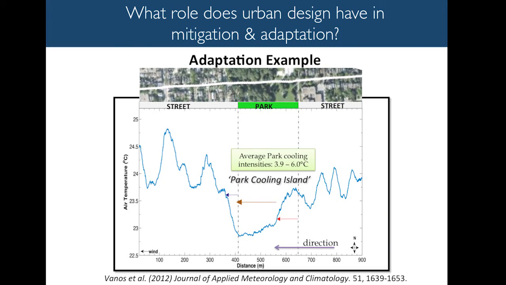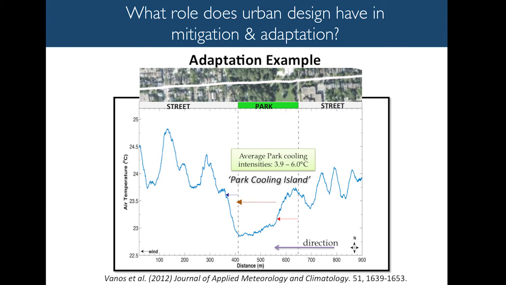And then finally, what role does urban design have in climate mitigation? So compare what a park cooling island can do. And this is a decrease of about, I think we found about 5 or 6 degrees Celsius. This is data we collected in Toronto in parks. So we took a bike through with all these instruments on the bike.